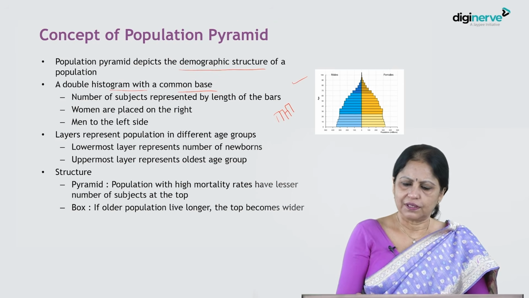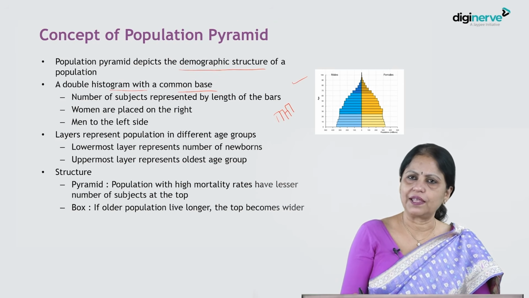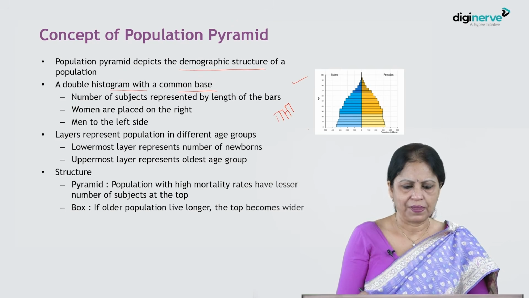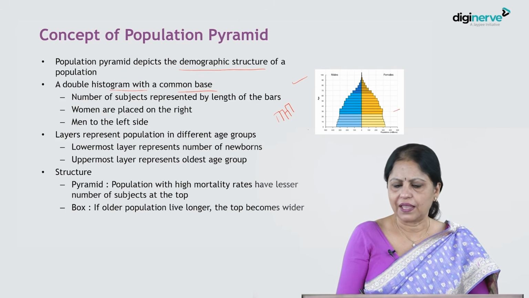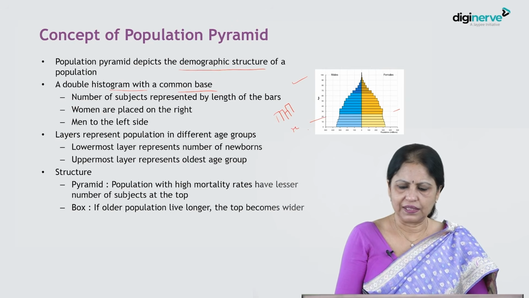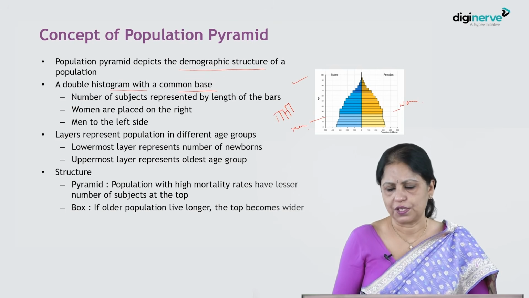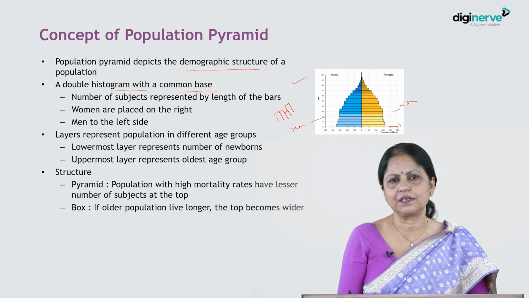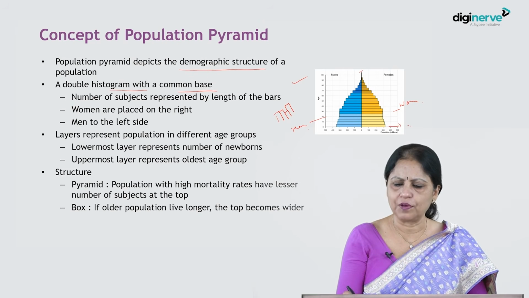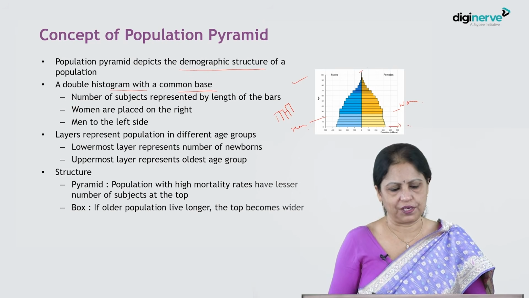Here the subjects are represented by the length of the bars, the number of subjects, and the women are on the right and the men are on the left. These different layers represent the different age groups. The lowermost layer is the youngest population, that is the newborn group, and the uppermost layer is the oldest population.